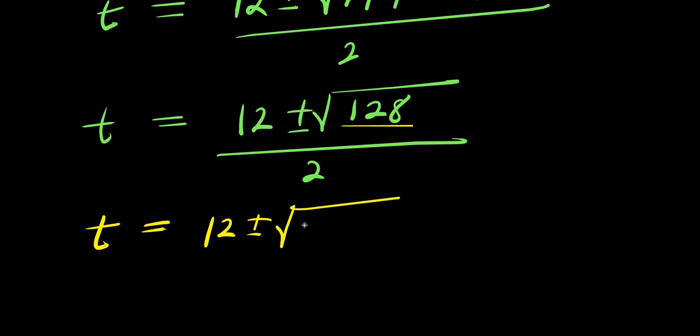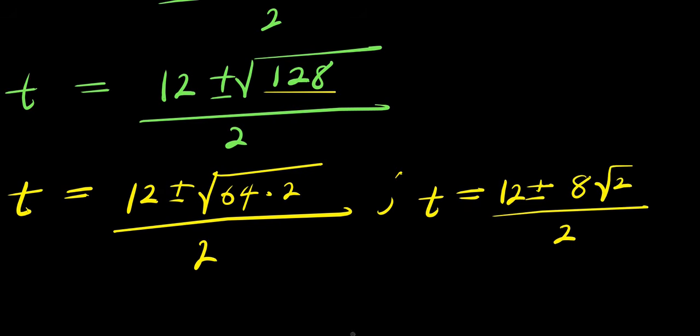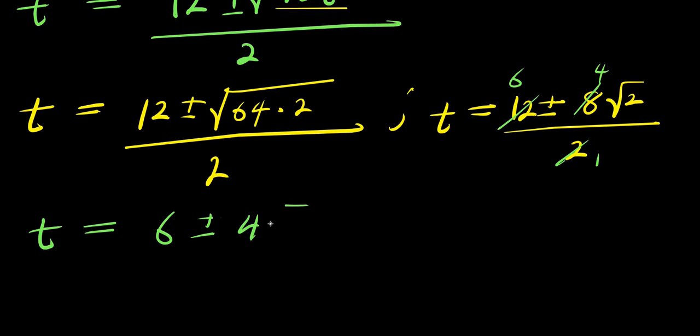I can have it as square root of 64 times 2, divided by 2. And from here on, I have t equals 12 plus or minus square root of 64, which is 8, times square root of 2, divided by 2. So from here, I have t equals, this cancels 12, 8 cancels 4, and I have 6 plus or minus 4 root 2.